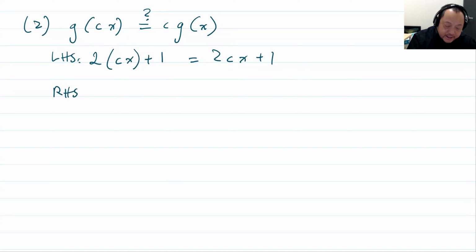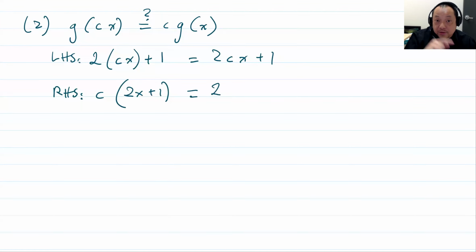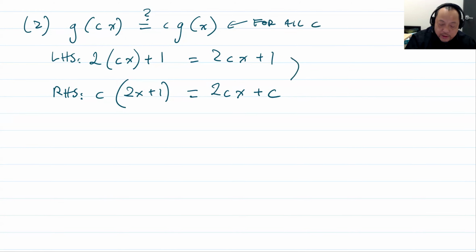But on the right-hand side, I have c times 2x plus 1, and this distributes into 2cx plus c. And so they are not equal. They're supposed to be equal for all c. These two are not equal for all c. They're only equal coincidentally at one spot when c is equal to 1. So that doesn't count. So again, based on property 2, g is not a linear transformation.